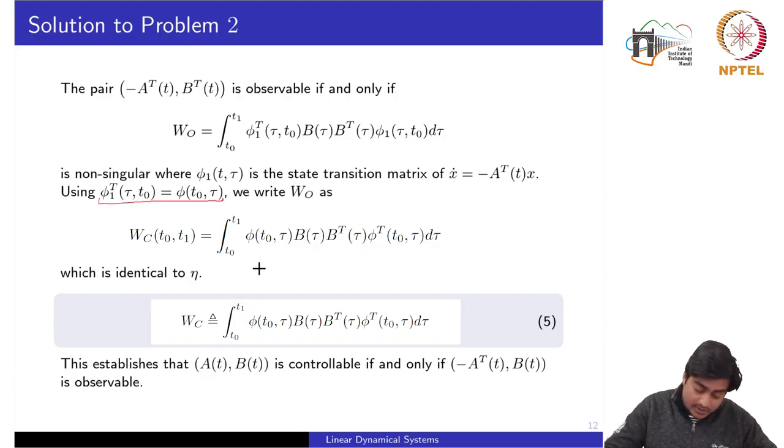So here we have shown that the observability Gramian of the second system is actually equal to the controllability Gramian of the first system. Okay, so this established the duality, which is slightly different from the LTI case.